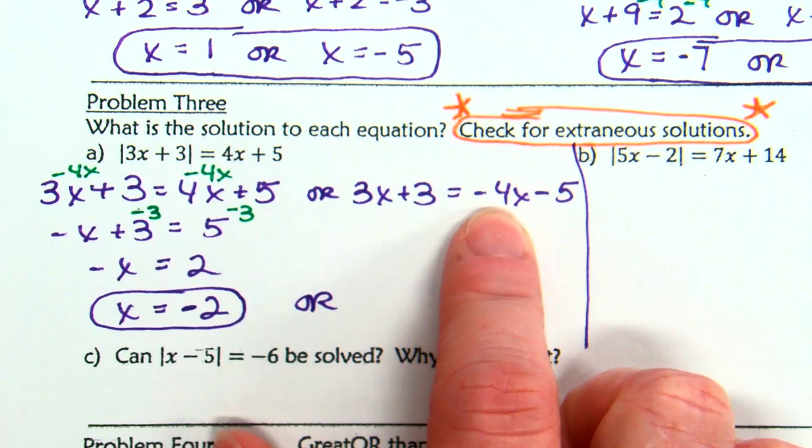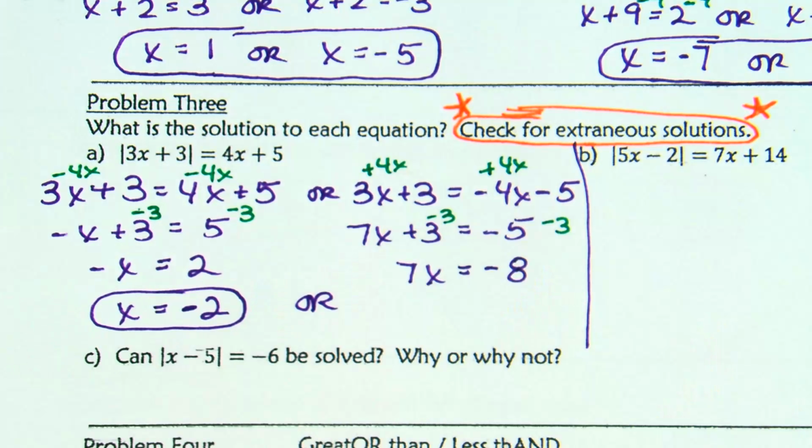If it's 7x plus 3, subtract 3. Negative 5 minus 3 is negative 8. And this is where you say, man, it's not going to work out to be a nice, neat answer. How do we solve for x? Divide by 7, and x is negative 8/7.